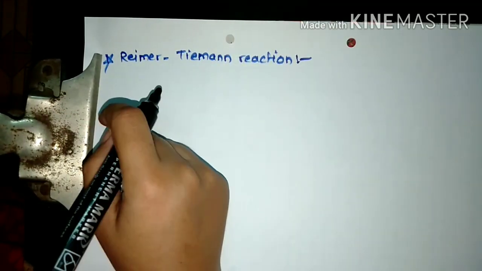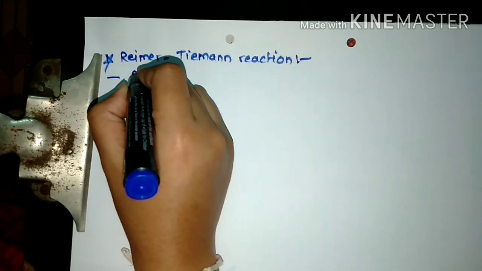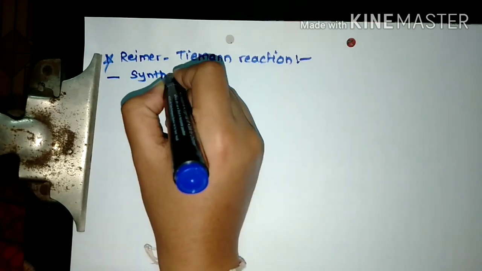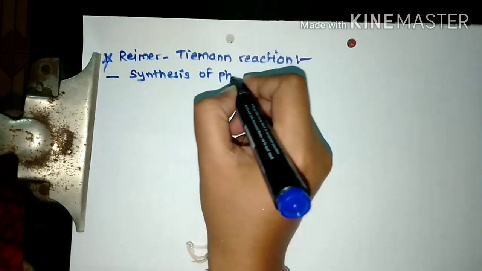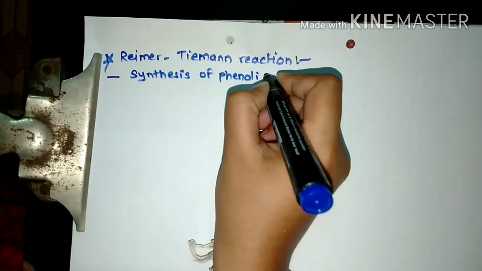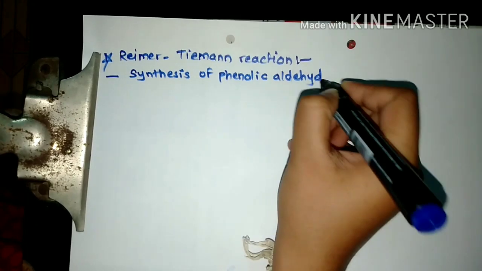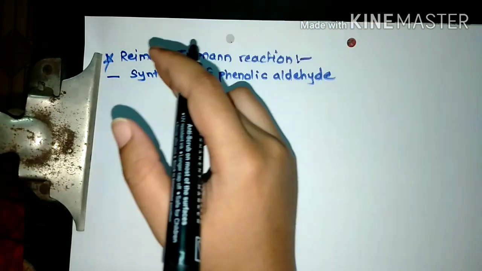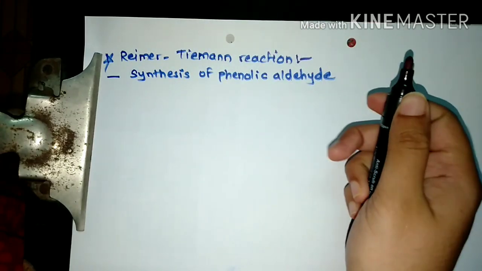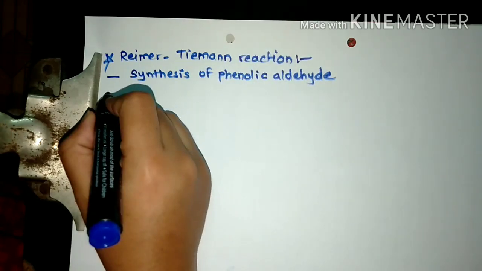This Reimer Tiemann reaction is mainly for the synthesis of phenolic aldehyde. Kolbe reaction is for synthesis of phenolic acid and Reimer Tiemann reaction is for the synthesis of phenolic aldehyde.